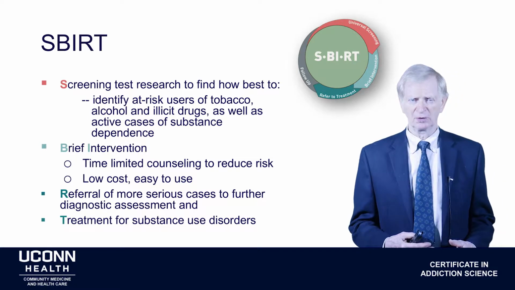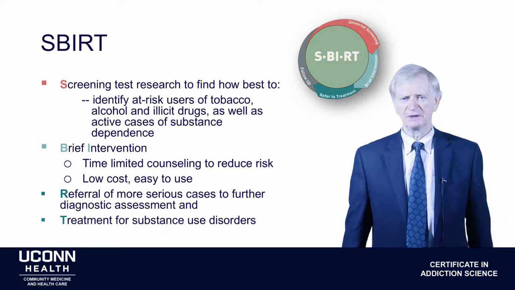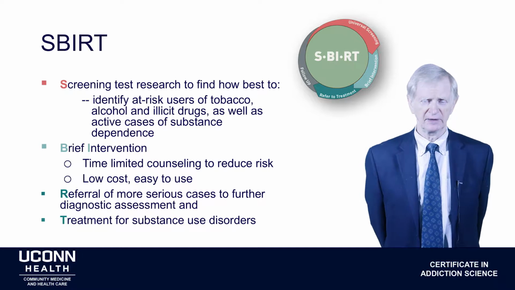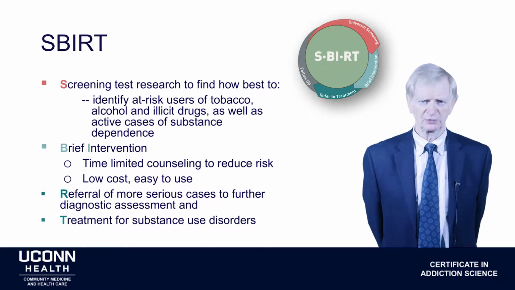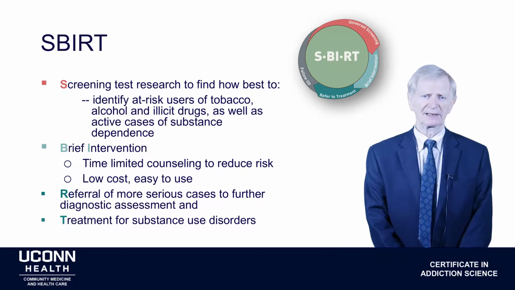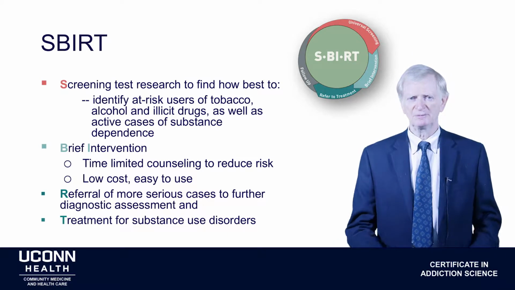Another part of SBIRT which has come into play is what to do with people who are screened and identified as being alcohol or drug or tobacco dependent. A mechanism is needed to get these people to seek treatment.